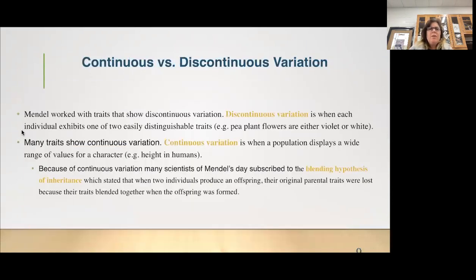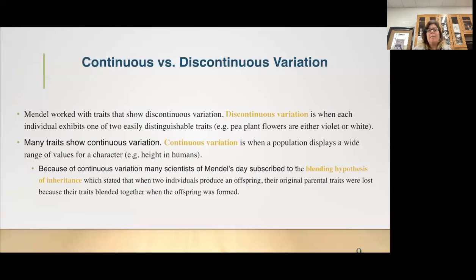So Mendel worked with these traits, and he showed that we have what's called discontinuous variation. Discontinuous variation is when each individual exhibits one of two easily distinguishable traits. Versus continuous variation is when a population displays a wide range of values.